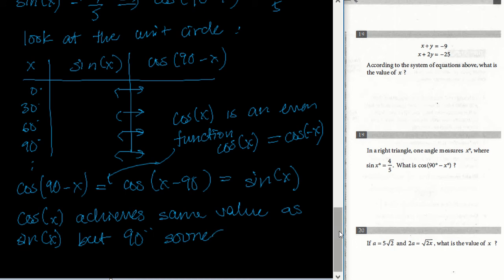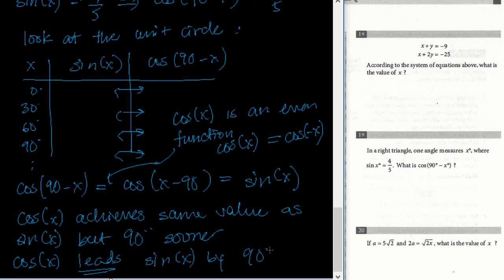So mathematically, what this means is cosine leads, so this is what we say: cosine leads sine by 90 degrees.